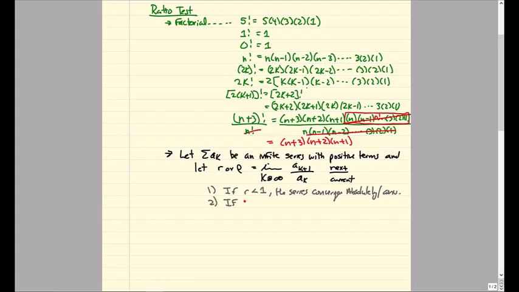Next case, if R is greater than 1 after I take that limit, and greater than 1 includes infinity, because it doesn't say finite, the series diverges. Okay, and the last one, if R equals 1, the test is inconclusive.